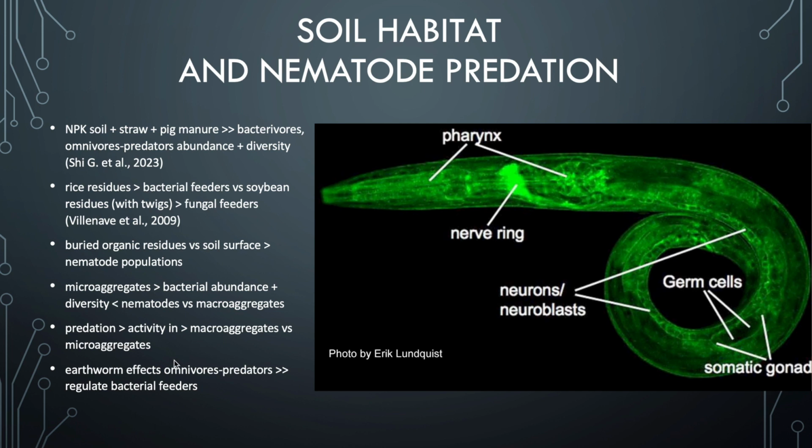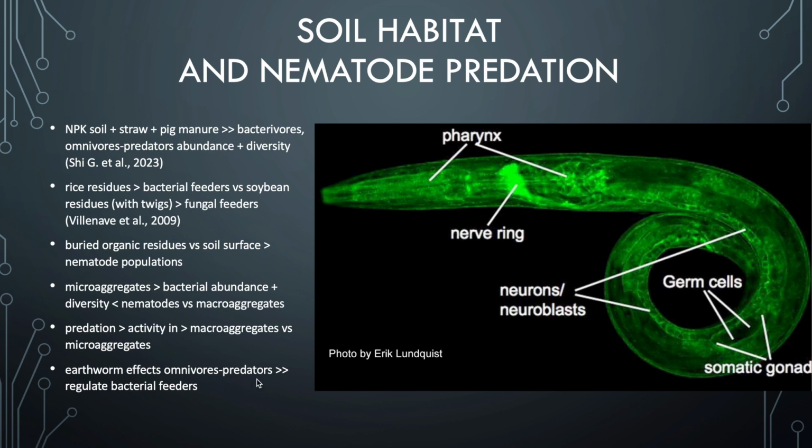But if the earthworm populations increase to a certain point where that limits nematode numbers, then of course that has a negative effect on nematode populations within that soil. It just really depends, and various studies are showing various effects of earthworms, and that of course just depends on the habitat and many factors within that habitat as to what the dynamics between earthworms and bacterial feeding nematodes will be.